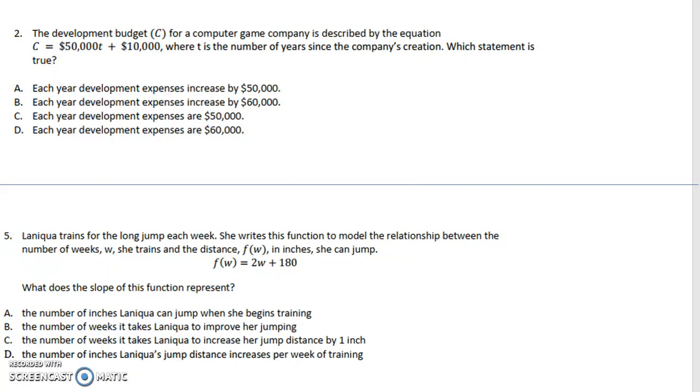So, the development budget, C, for a computer company is described by the equation C equals 50,000T plus 10,000, where T is the number of years since the company's creation. Which statement is true?